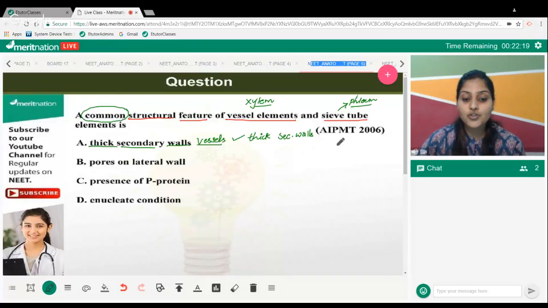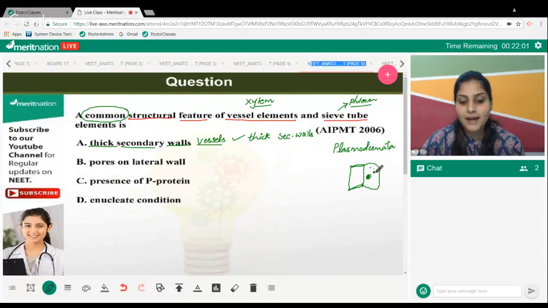The reason is that they show the presence of plasmodesmata. If you remember a little bit of detail, let's say this is one sieve tube element, it is connected with a companion cell.